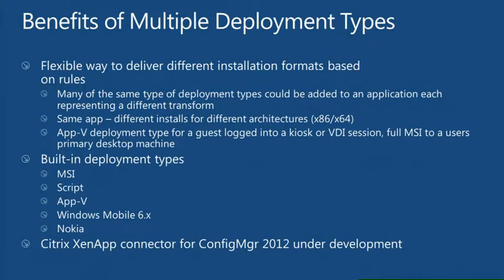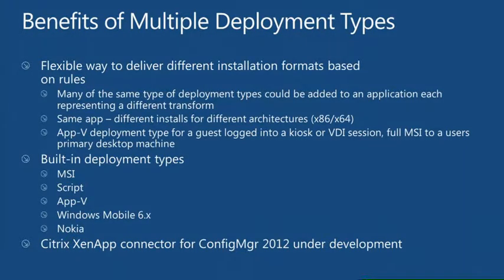Okay, so let me dive into it. I'm going to build on what AJ has been talking to you about for the last 45 minutes or so, and show you how we take advantage of all those great things like the dependencies, the different deployment types, the different global expressions, etc., that we have allowed in the application model, and build on top of it to give you a rich tool and a rich way to deploy your applications to your clients.